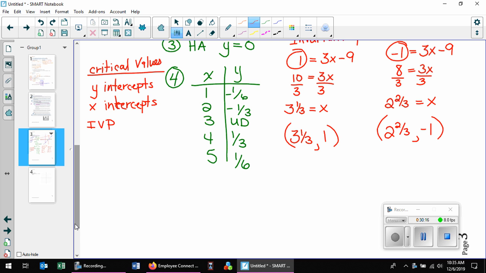You'd always graph your x-intercept. Those are critical values that you start to see graphed. The invariant points, not always, but if they're obvious, like in that first graph that we did on page 1, then I would make sure that they're graphed. But x and y intercepts are kind of non-negotiable.